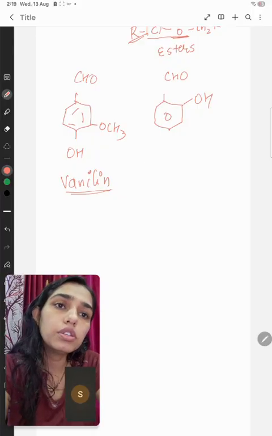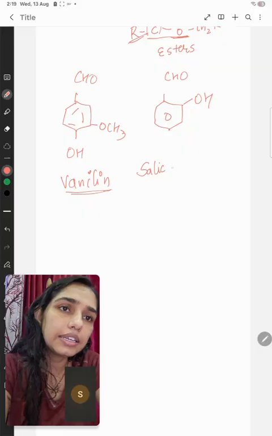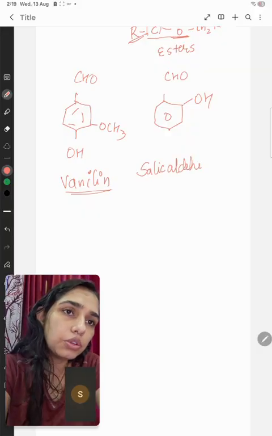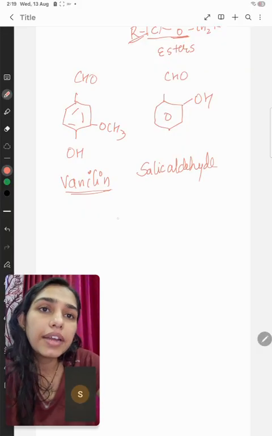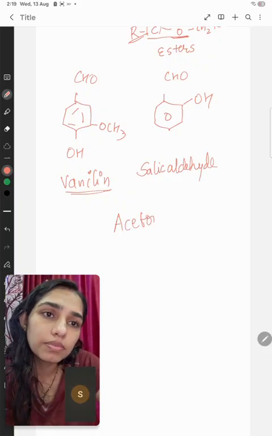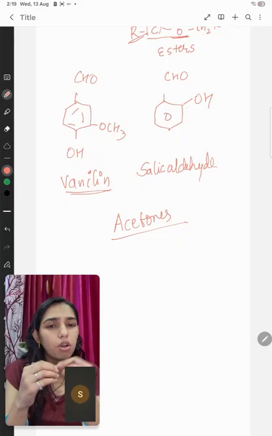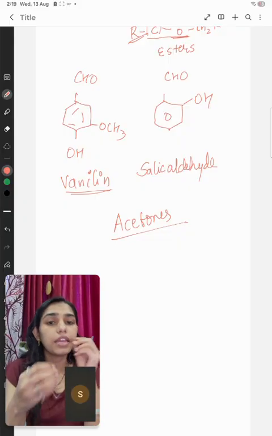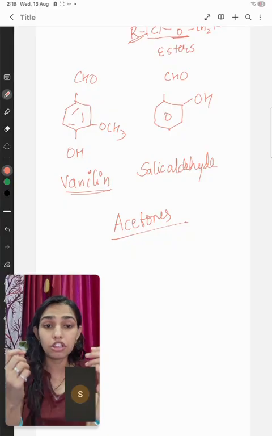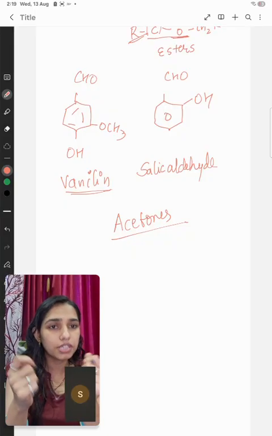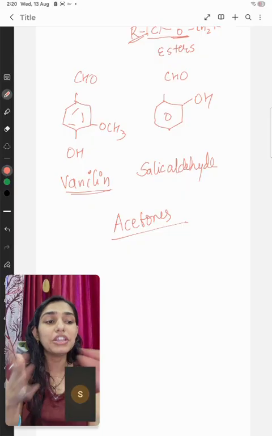This is another molecule named salicylaldehyde, which is being used. Apart from that, you might have heard of the term acetone. What is acetone? We remove nail polish with the help of nail polish remover. In nail polish remover, acetone and ethanol are the most important components. So these acetones are nothing but ketones.